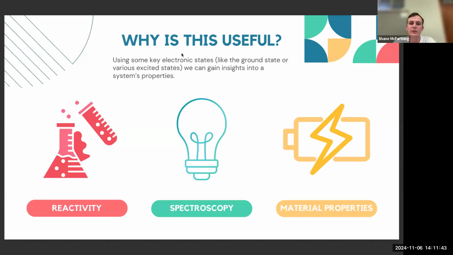That's relevant for things like the development of OLED panels for phones and TVs. We want to know the behavior of these substances, and also material properties like the conductivity of the materials. So if we can find the states that we're looking for, then we can investigate some properties of these systems.